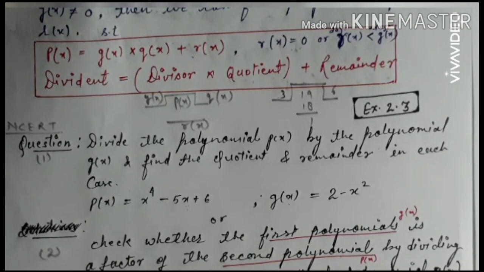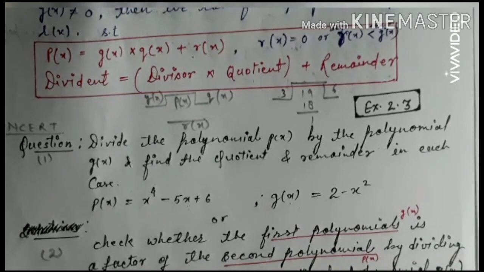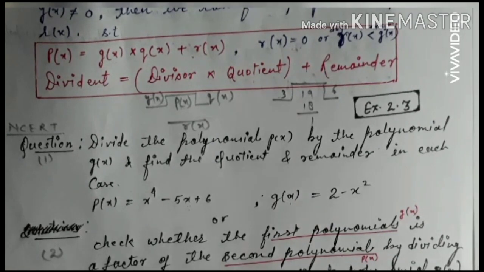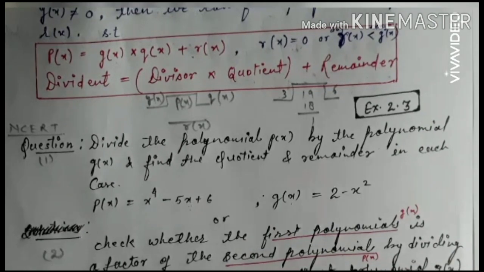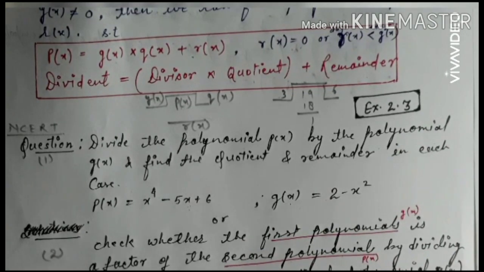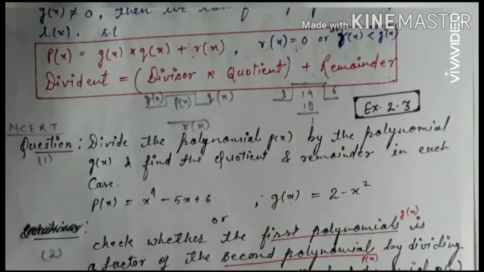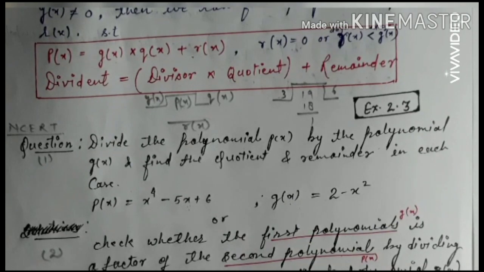Now divide x power 4 minus 5x square plus 6 by minus x square plus 2. It is x power 4 and x square. So we take minus x square, and minus minus is plus, so x power 4. Then minus x square multiplied by the second term, plus 2, gives minus 2x square.